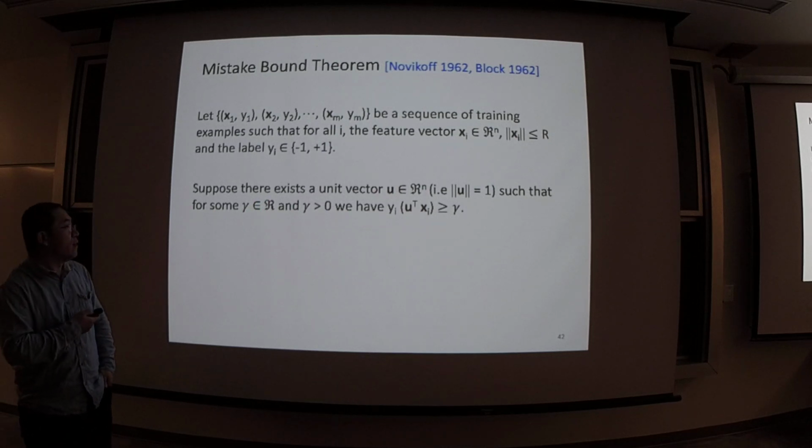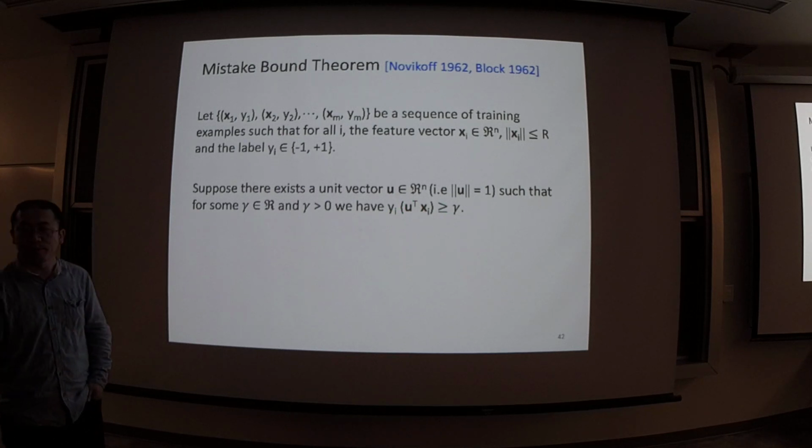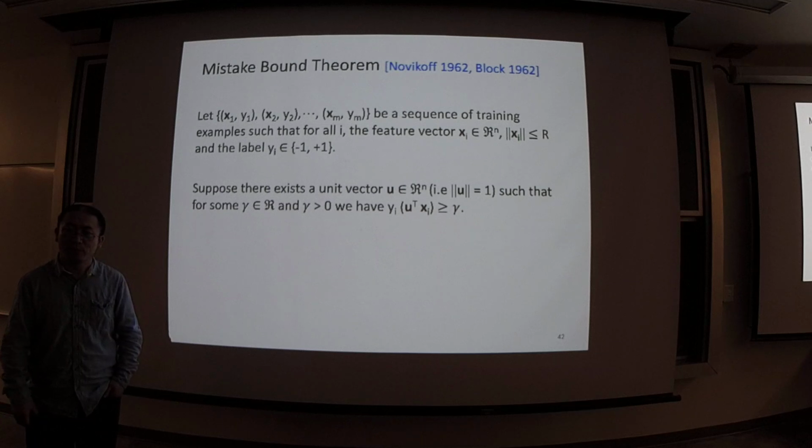So suppose there exists a unit vector u such that for some real, positive value gamma, for every training example i, yi times u transpose xi is no less than gamma. So what does it mean?